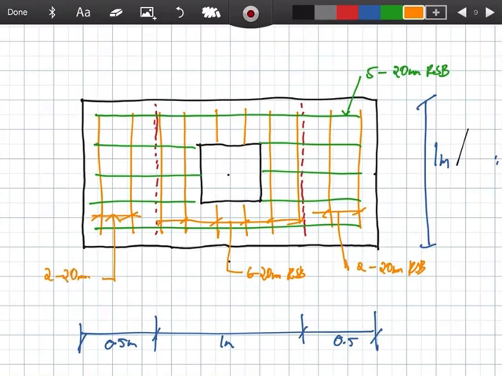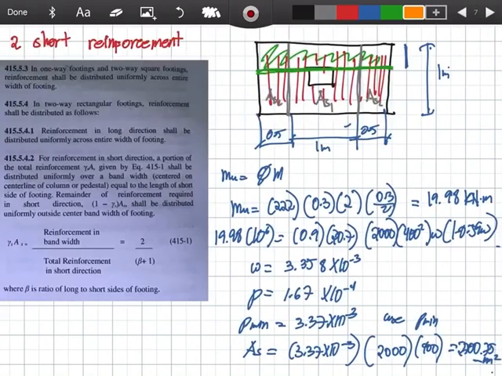Huwag nyo gayahin yung drawing ko kasi hindi ako proud. Okay, so 220 mm RSB sa labas. Tapos 620 mm RSB naman sa gitna. So bakit ganyan, class? Bakit meron itong provision na to, 'di ba?